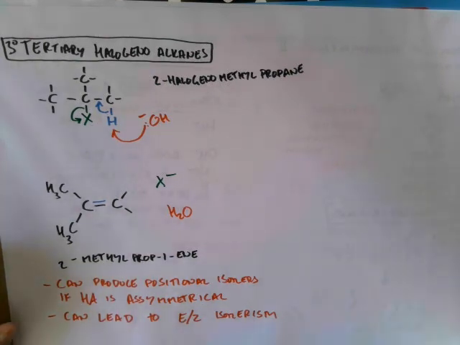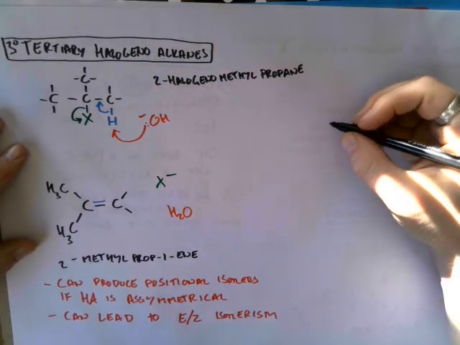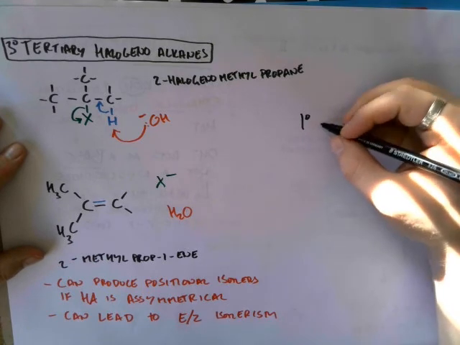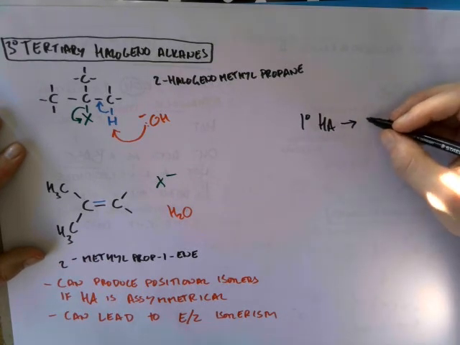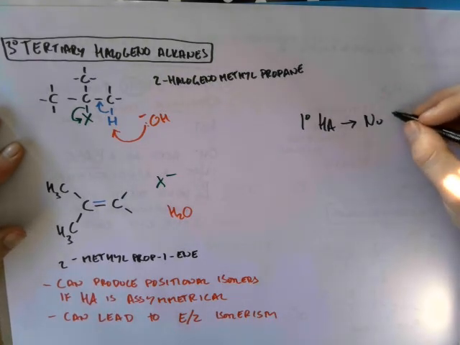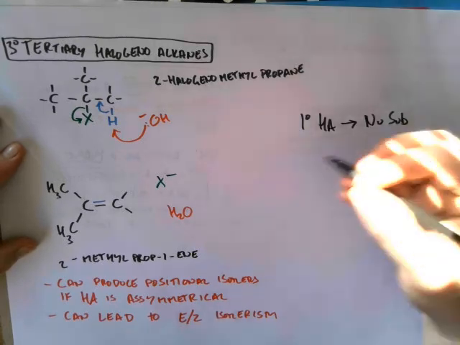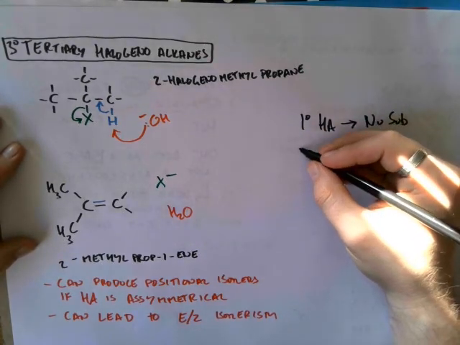Now I know we've spoken about these, primary, secondary and tertiary halogenoalkanes, and I just wanted to point out that actually when you have these in this kind of process, what you're likely to find is that a primary halogenoalkane is more likely to undergo nucleophilic substitution. Doesn't mean it can't do the elimination, but it's more likely to do nucleophilic substitution.